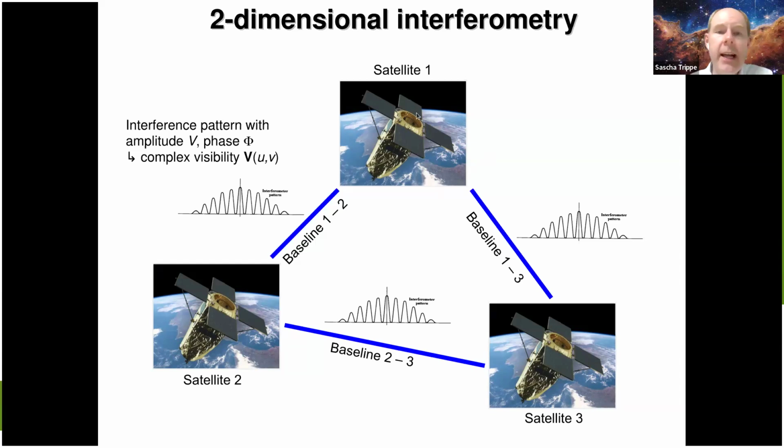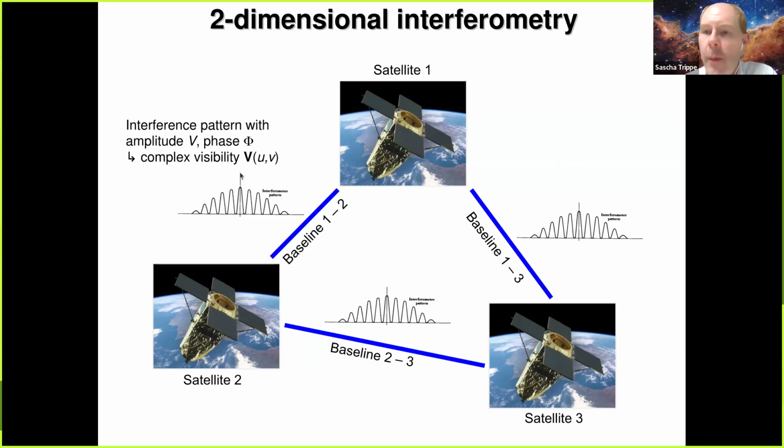This correlation is equivalent, you can prove this mathematically, to creating an interference between the 2 light rays from the 2 telescopes. When you have interference, you have an interference pattern, which has an amplitude and a phase, so it is a complex number.